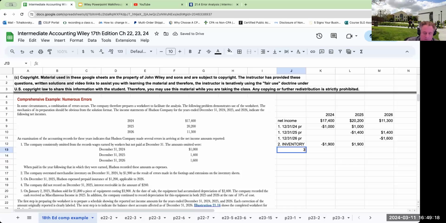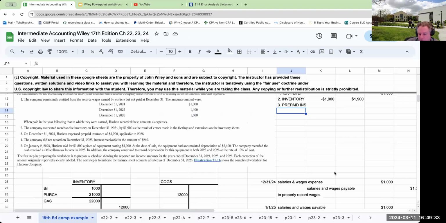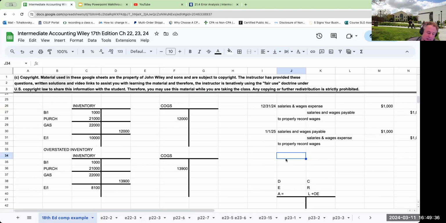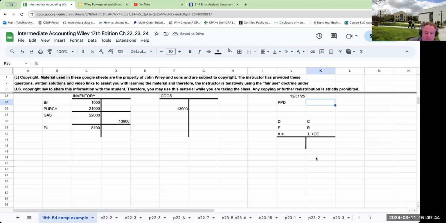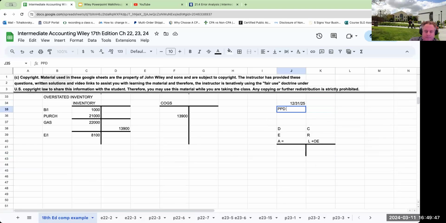Over here, Hudson expensed prepaid insurance of 1,200 on December 31st, 2025, applicable to 2026. So what I should have done is a debit to prepaid insurance for 1,200 on 12/31/25.